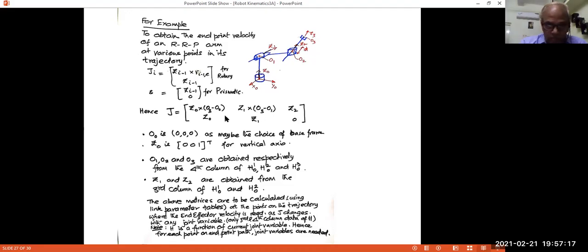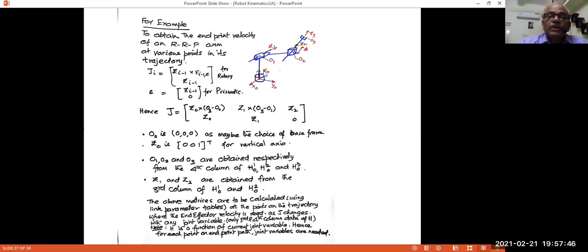Mind you, the column number is i minus 1, so Zi minus 1 is what you get here, and OE minus Oi minus 1 will be O3 minus O0 and so on. Next one is Z1, and next is Z2 because this is a prismatic joint. So for a prismatic joint, this is the type, and you get Z2 comma 0.